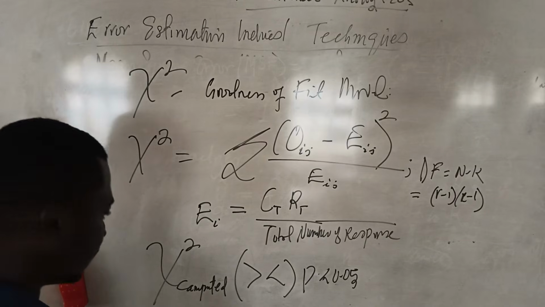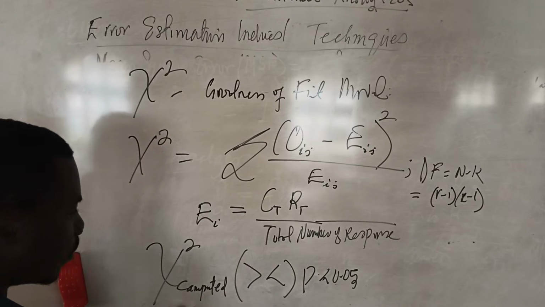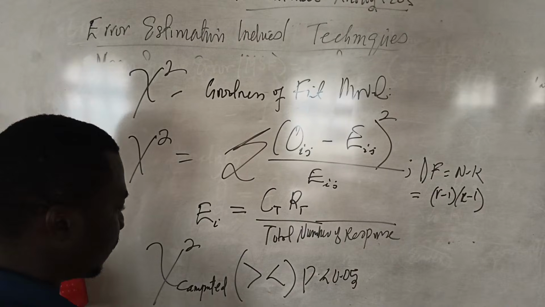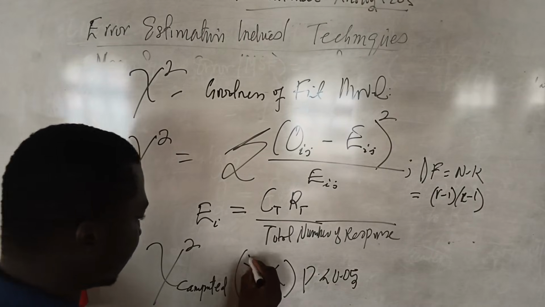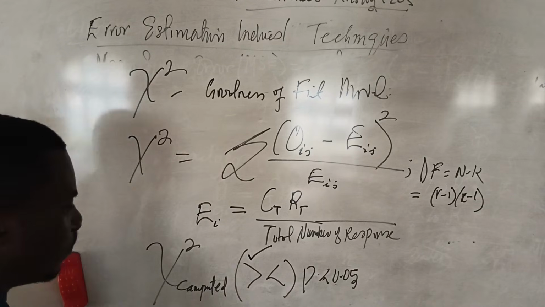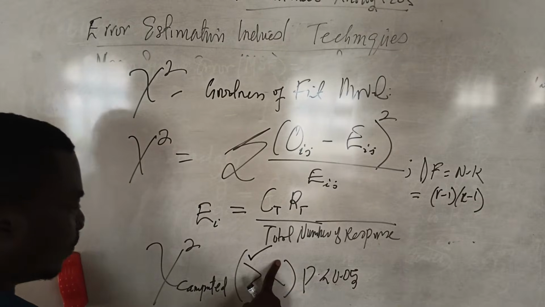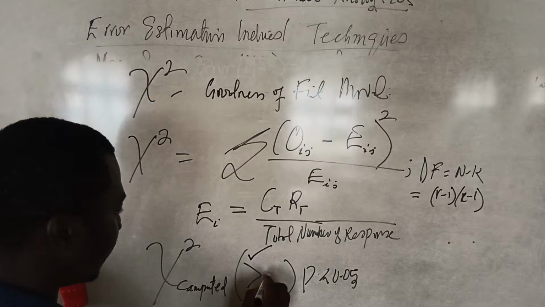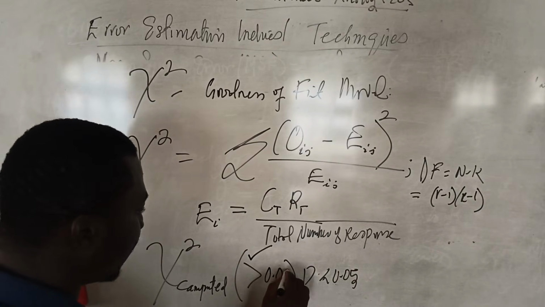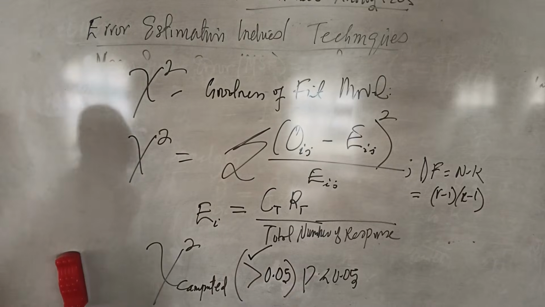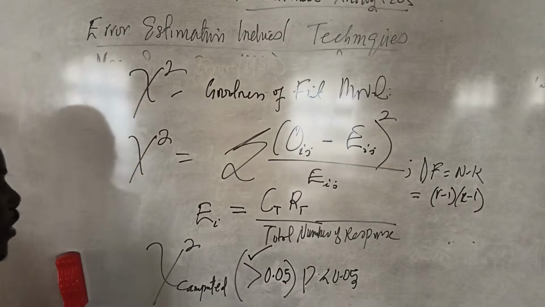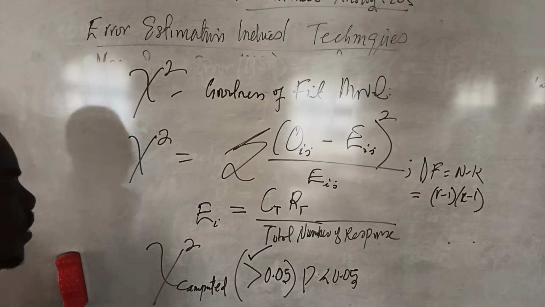So in this sense, the chi-square p-value, if it is greater than 0.05, you now say that okay, the discrepancy between the observed value and the expected value is not significant.